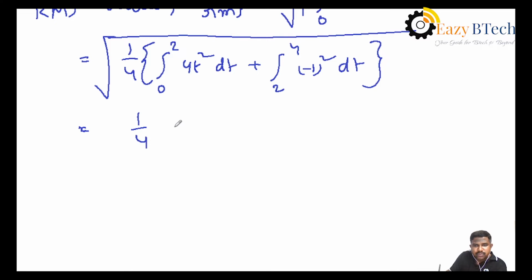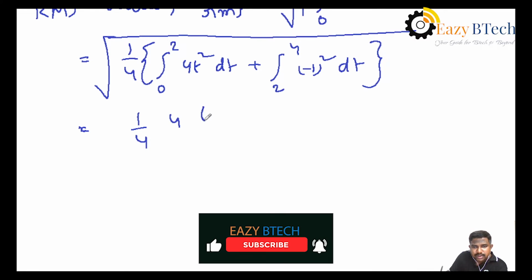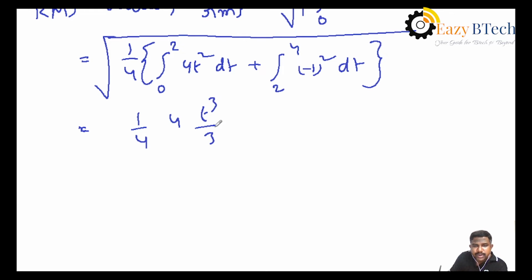Then 1 by 4, 4 is constant. Then for t squared, what is the integration? t cube by 3, t power n plus 1 by n plus 1. Then apply the limits 0 to 2, plus minus 1 is constant. For a constant, the integration is t. The limits are 2 to 4.